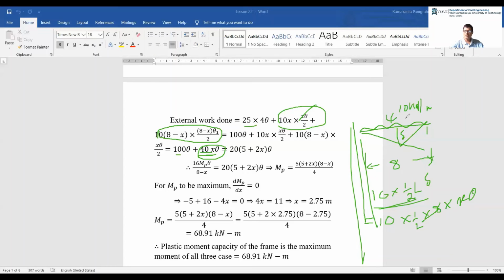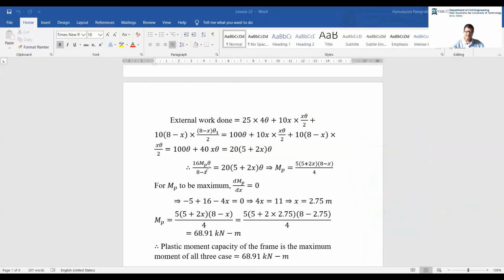That is the work done. So you can find the same value. We have got here 40x theta. So this can be obtained in this way. Alternatively you can do it like this, and now it becomes this one.